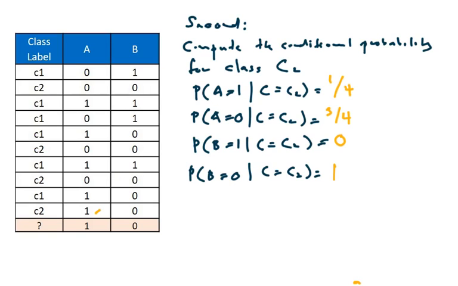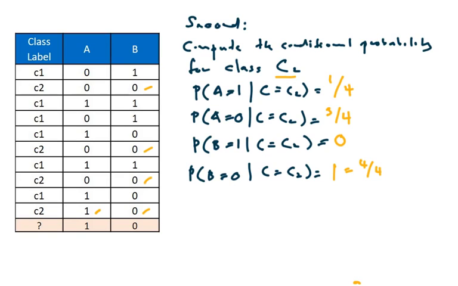Why 1? You see B equals 0 and we need C2: 0 C2, 0 C2, 0 C2, and 0 C2 is 4 over 4. So now you manage to find your conditional probability for class C2.